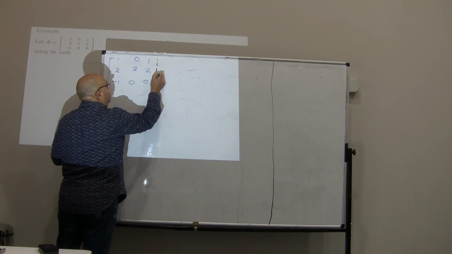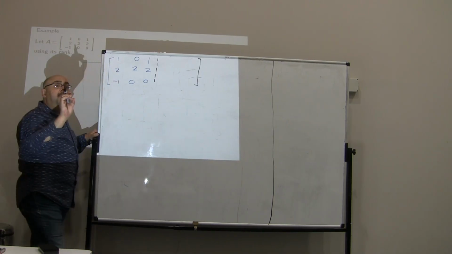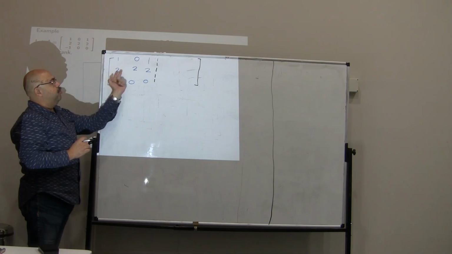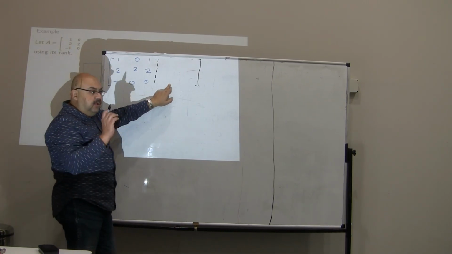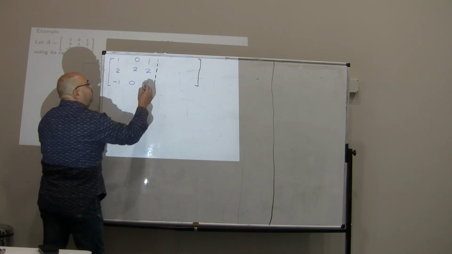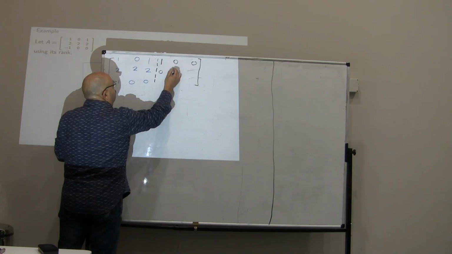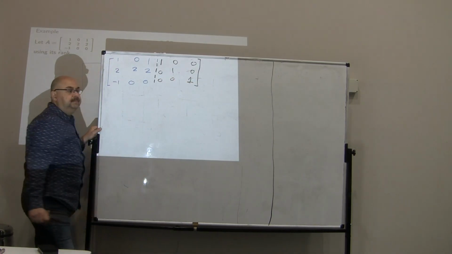Then I will write the identity matrix of the same dimension. This is a 3 by 3, so the identity matrix is 1, 0, 0; 0, 1, 0; 0, 0, 1.